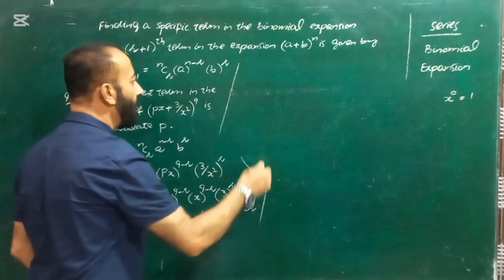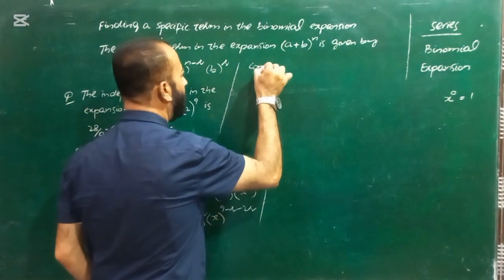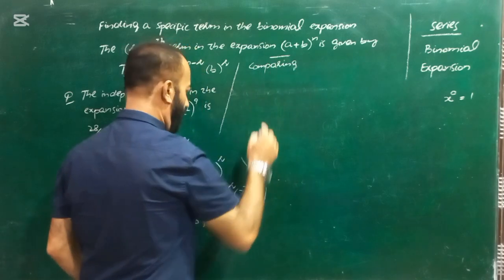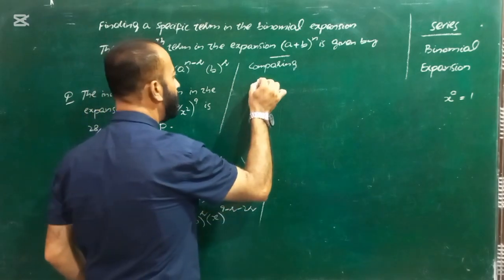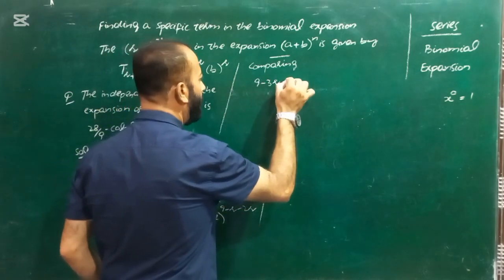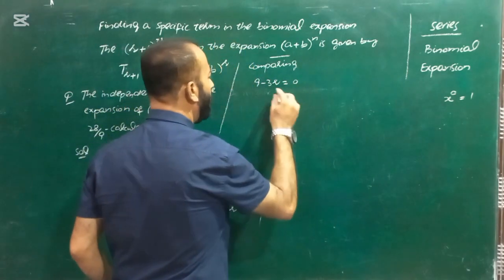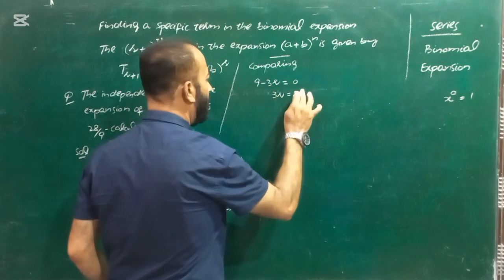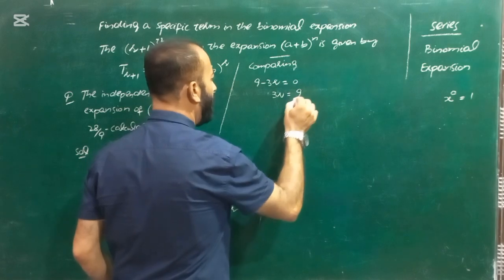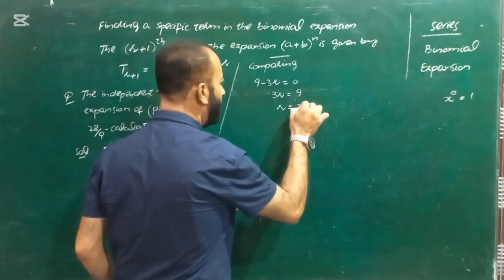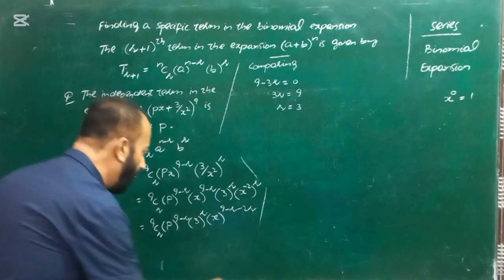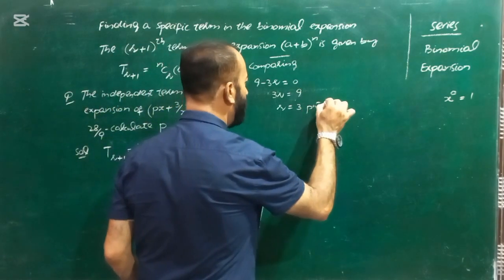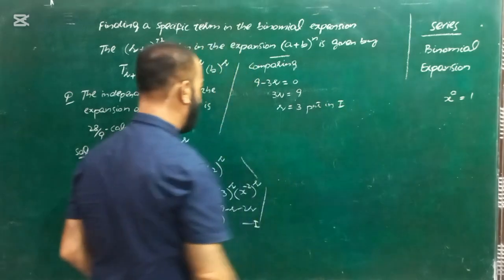So comparing 9 minus 3r with 0. From here 3r will be 9 and r will be equal to 3. Okay, call it equation number 1 and put this value of r in 1.